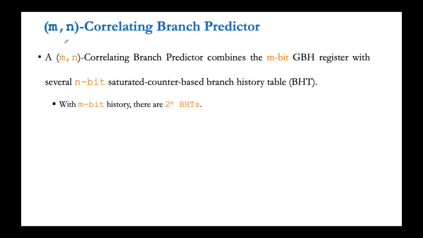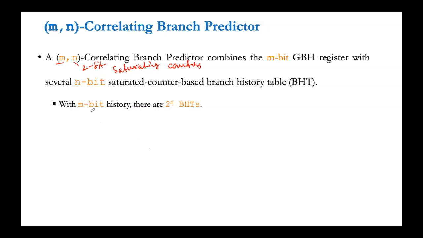So m previous branches are taken to predict the next one, and to check whether those branches are taken or not taken, in our previous example we use the 2-bit saturating counters. By combining these two, how are we going to design it?